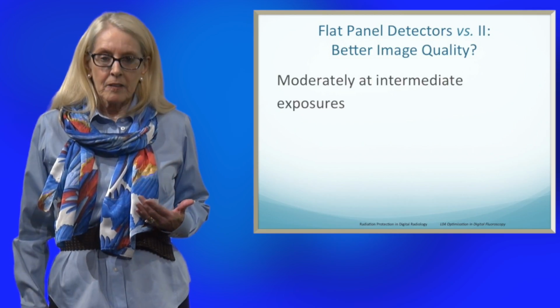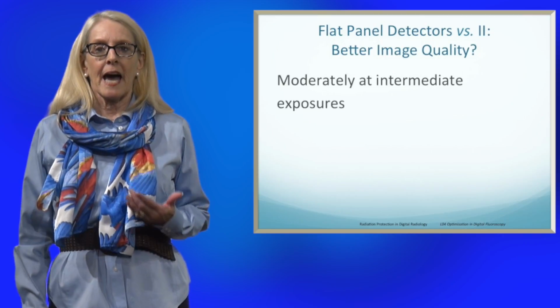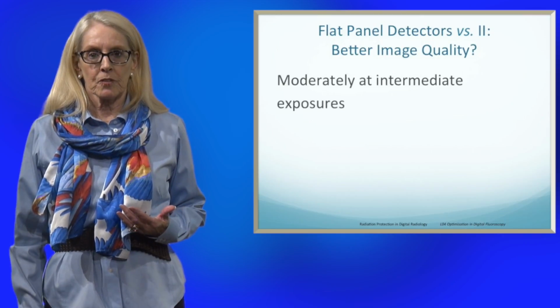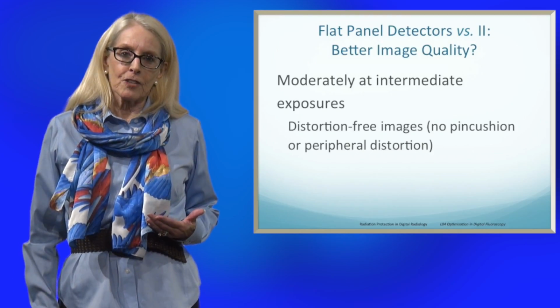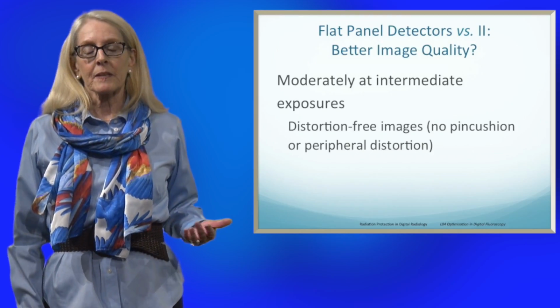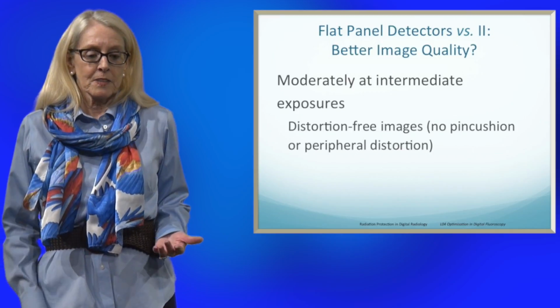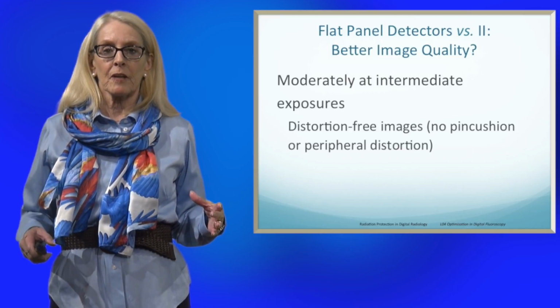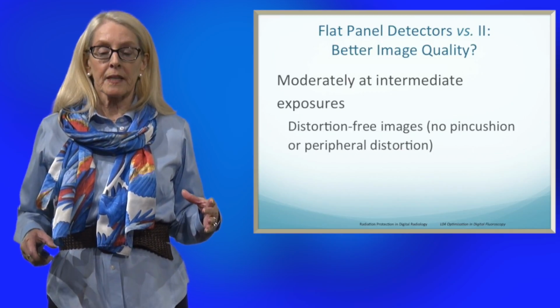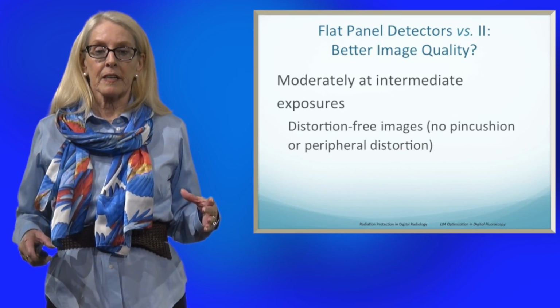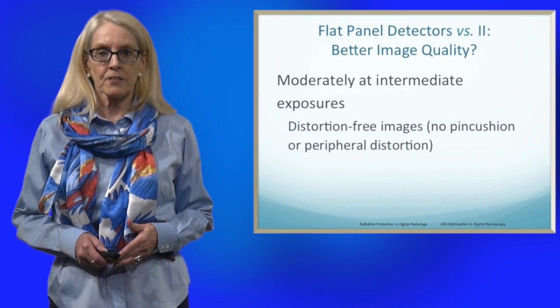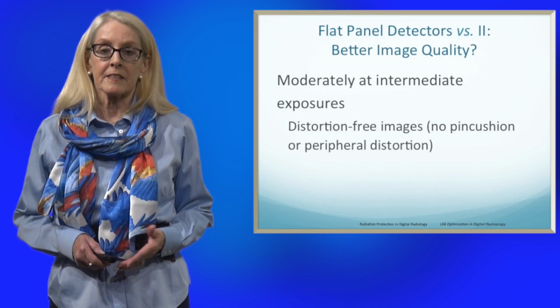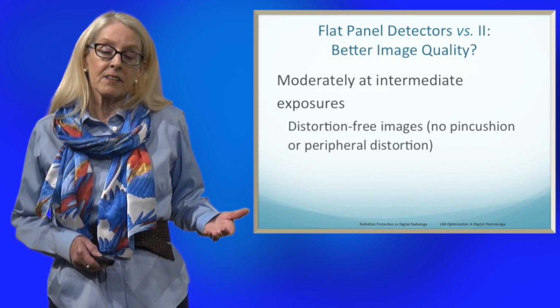They are moderately good at intermediate exposures. They are distortion-free as far as your images go, which is really good because with the IIs, especially if you use the entire receptor, then you will get distortion on the periphery and even before you get to the periphery. But with the flat panel detectors, we don't have that problem. It's the same at the center and the periphery.